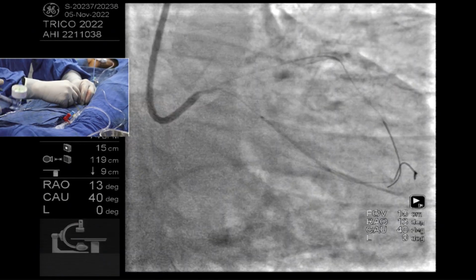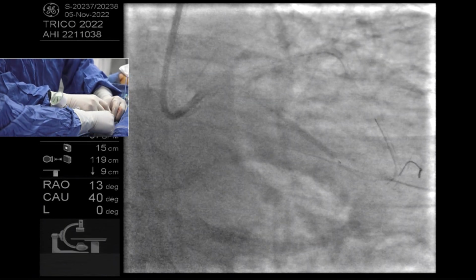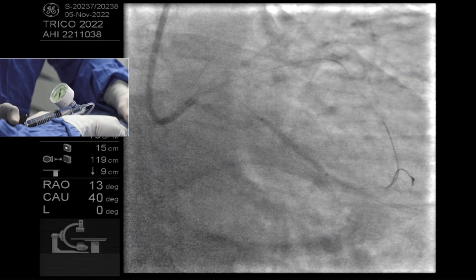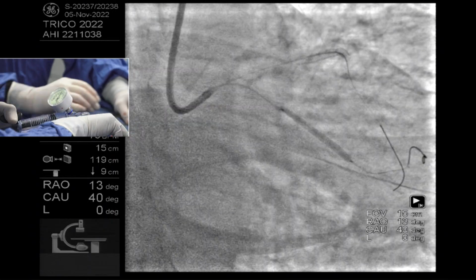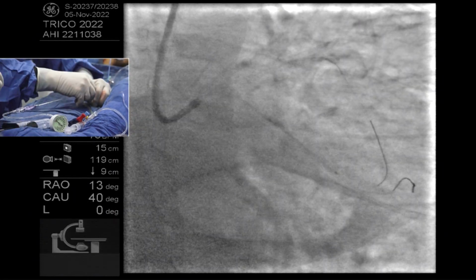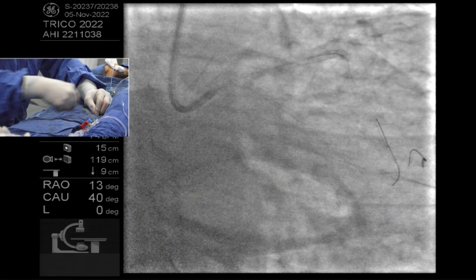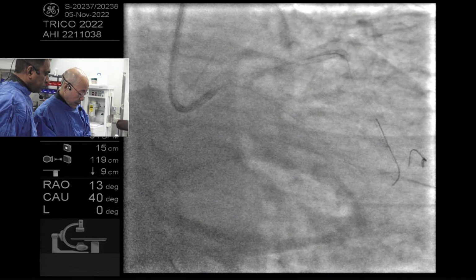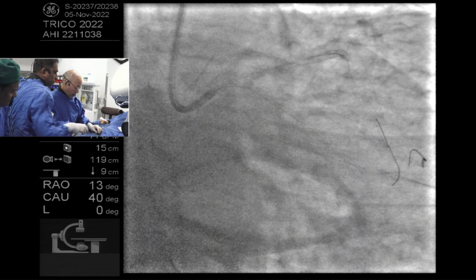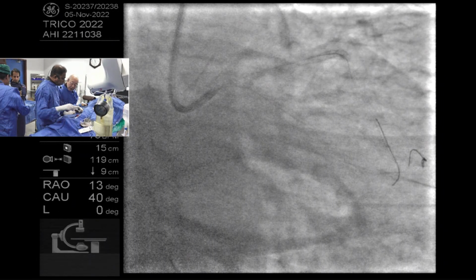Okay, here. 12, 14. Okay. And I do IVUS. IVUS ready.